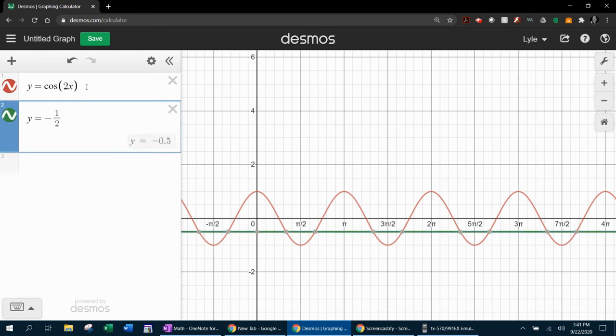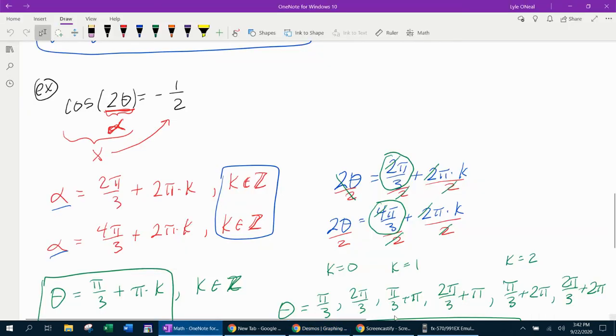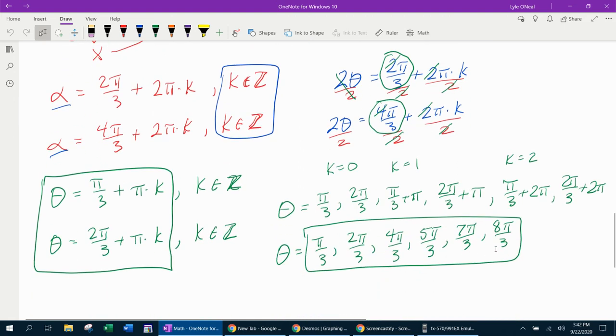And we want to know if we got the first 6 solutions correct. So the first solution was pi over 3, and then 2 pi over 3, 4 pi over 3, 5 pi over 3, 7 pi over 3, 8 pi over 3. So you can see, using DESMOS to find the solutions electronically, it verifies what we did algebraically, giving us the solutions that we calculated.